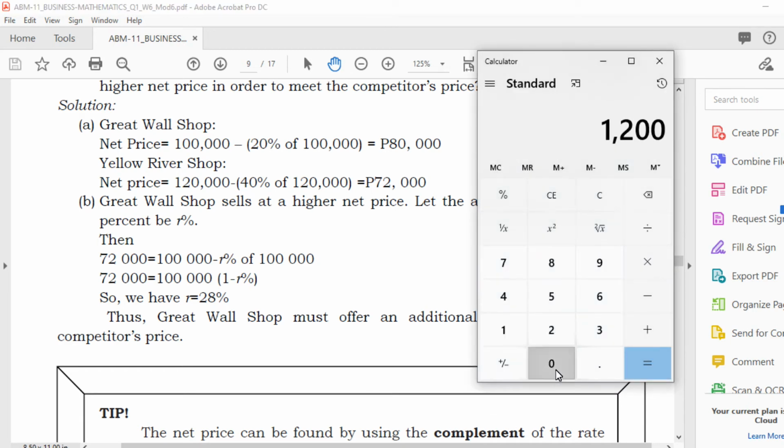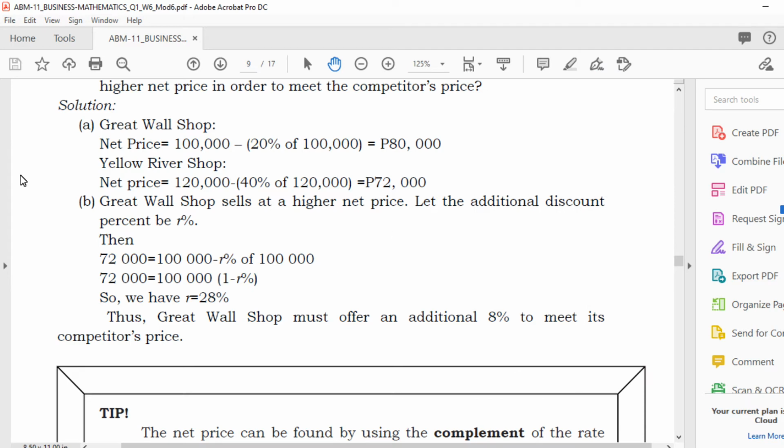So, 120,000 times 0.40, 48,000. So, the 40% of 120,000 is 48,000. So, 120,000 minus 48,000, ang sagot natin ay 72,000. Okay. Yun yung net price. Kung mapapansin niyo, ang net price ng pangalawa ay mas mababa. Ibig sabihin, mas makakamura ka dito.